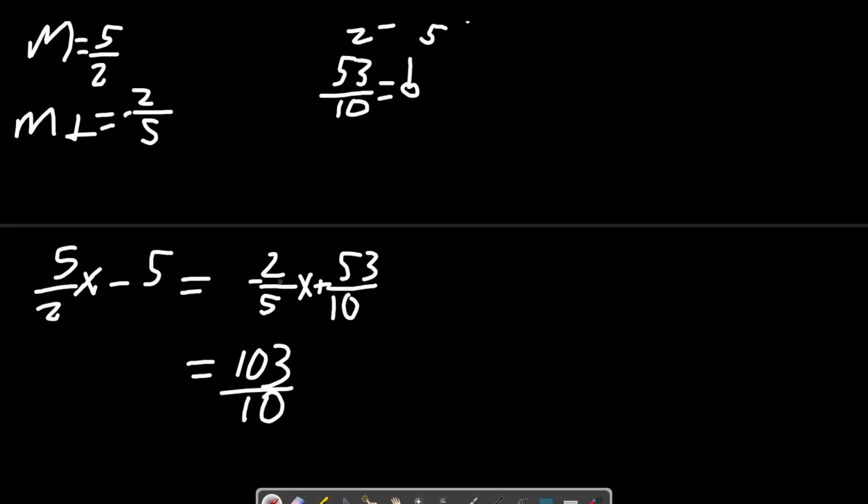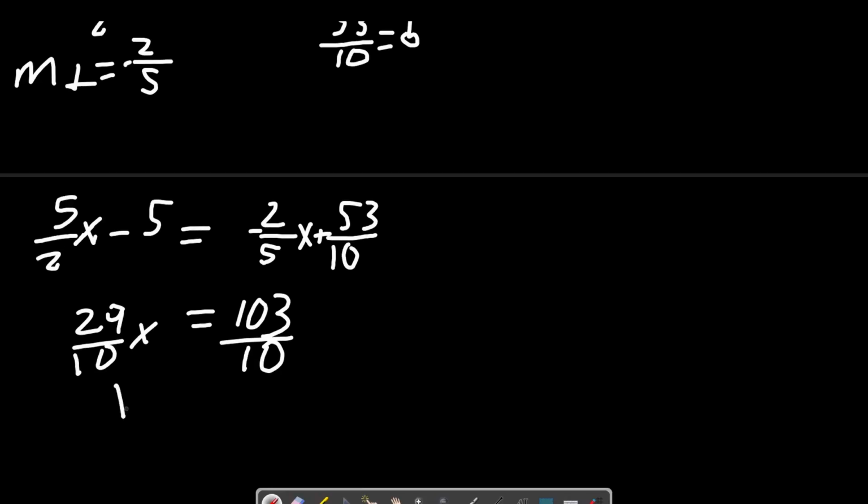And that is going to equal 5 halves plus 2/5, which is 29/10 x.